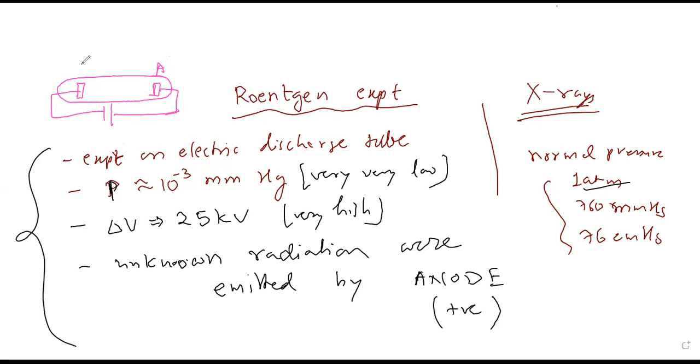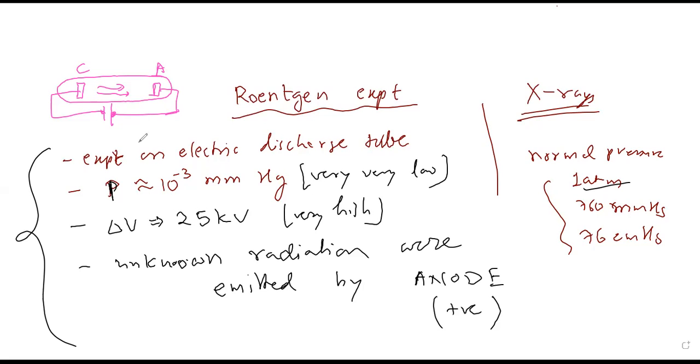So this will become the anode, this will become the cathode, and you are trying to maintain a potential difference between them and generate some discharge across it. Yes, I mean, there must be something shining on the cathode to remove the electrons. Yes.